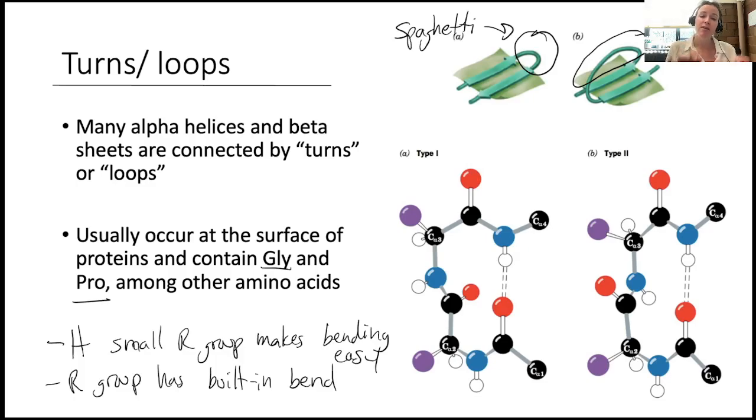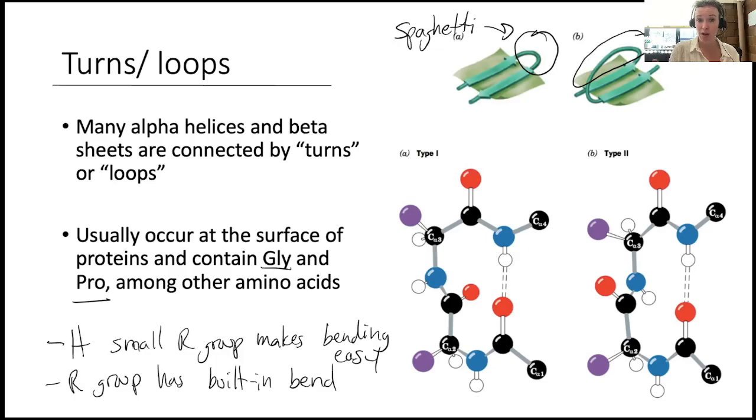So most amino acids, right, are linear, N-terminus to C-terminus. Proline, on the other hand, has the R group that goes back into the backbone. So the backbone is connected to the R group. This causes a bend in the backbone of the peptide because of the structure of proline.